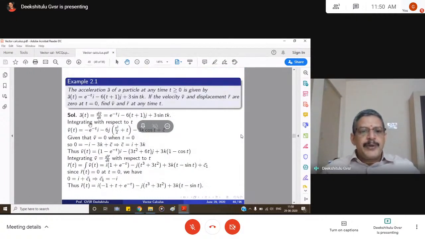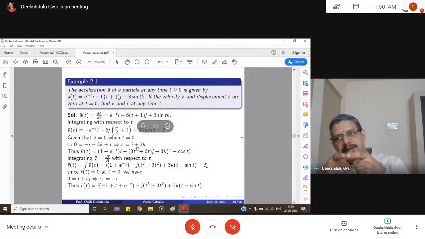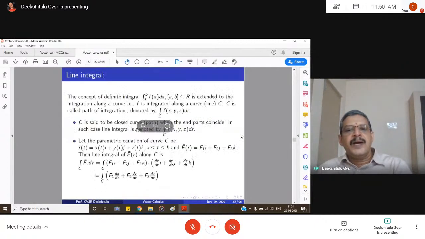We are integrating with respect to t. t is an interval. Integral 0 to 1, integral 0 to t. But here t does not have any direction, right? Now, the integration now is along a curve.